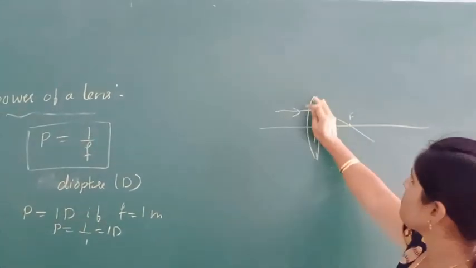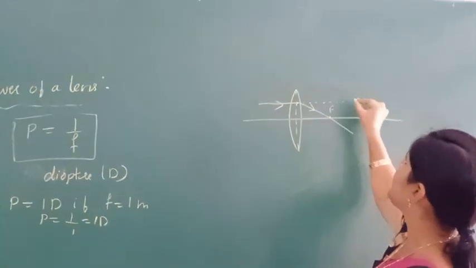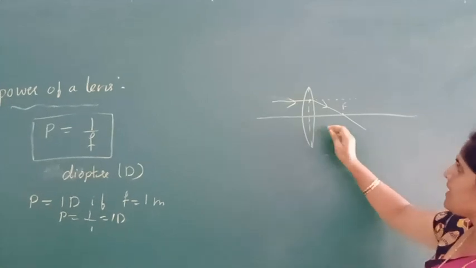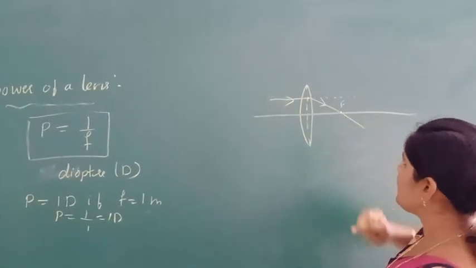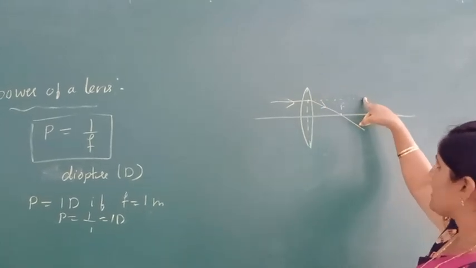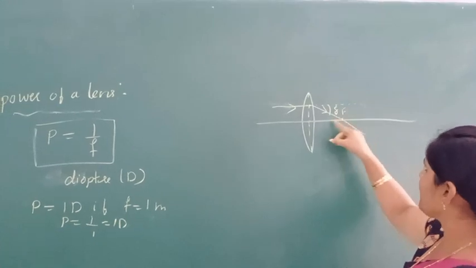In the absence of this lens, this incident ray would move along this direction. That means the incident ray direction makes an angle delta with the refracted ray.